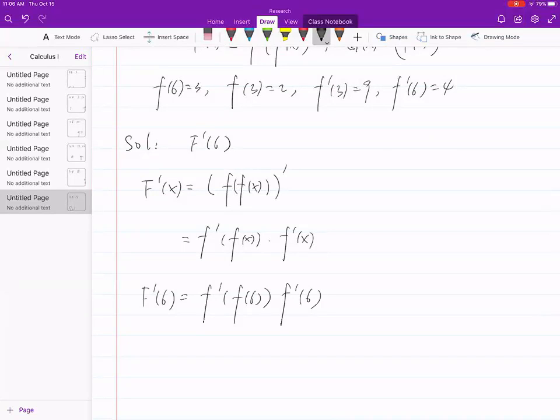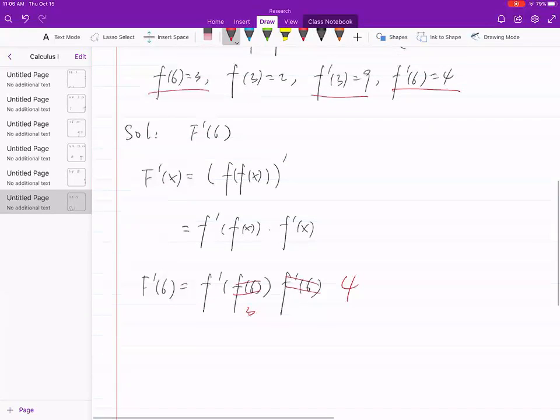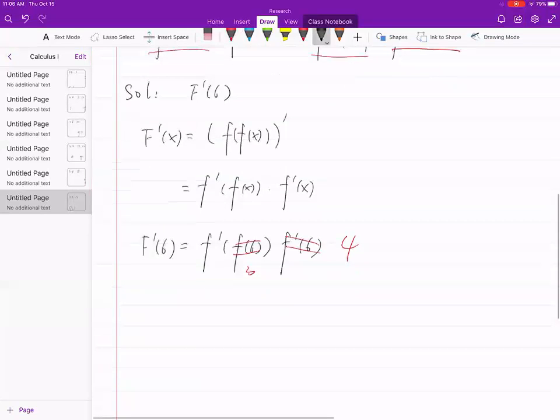Sounds good. Okay, now this part is this 4. F6 is going to be 3. F prime 3 is going to be 9. So the whole thing becomes 9 times 4, which is 36 for question 1.